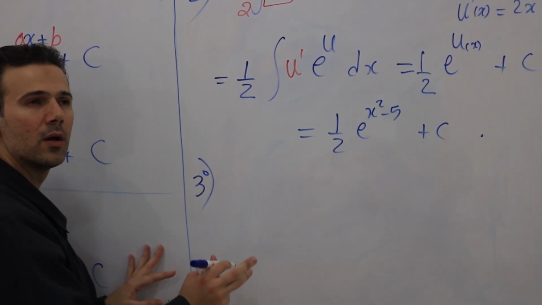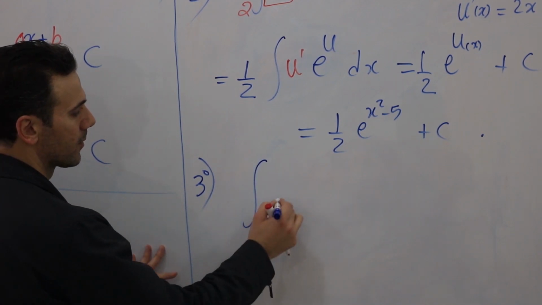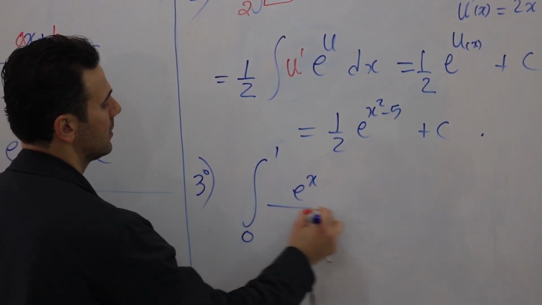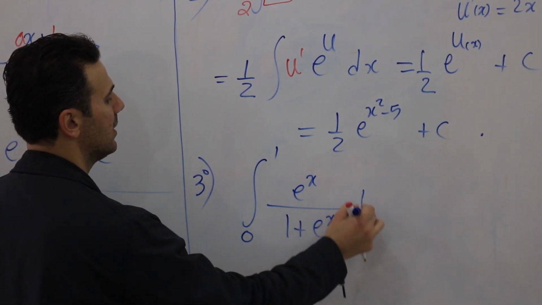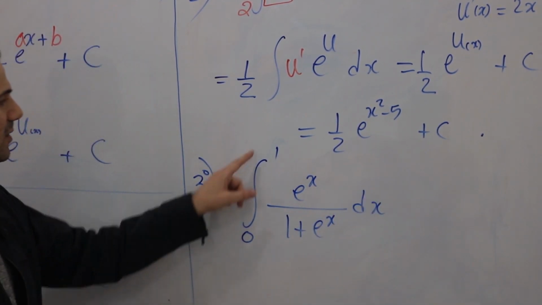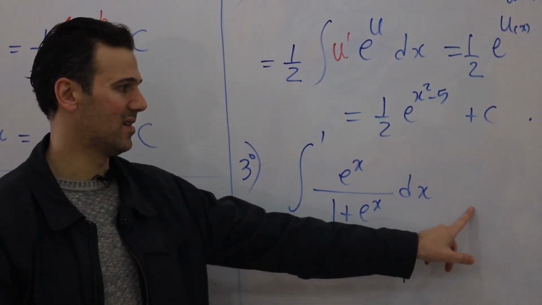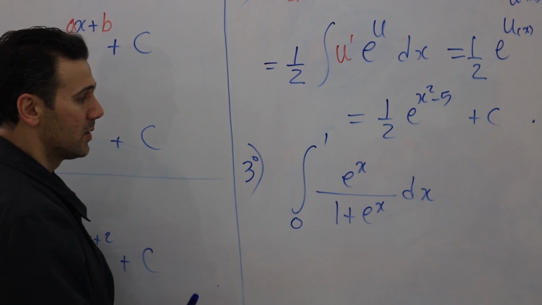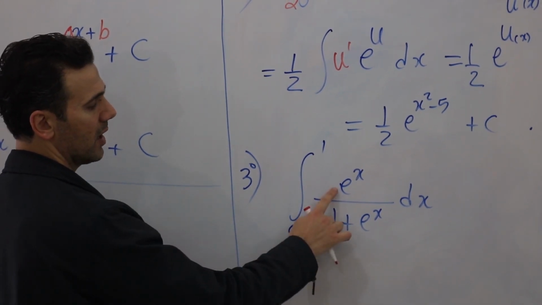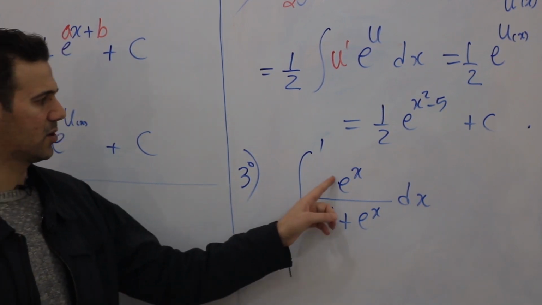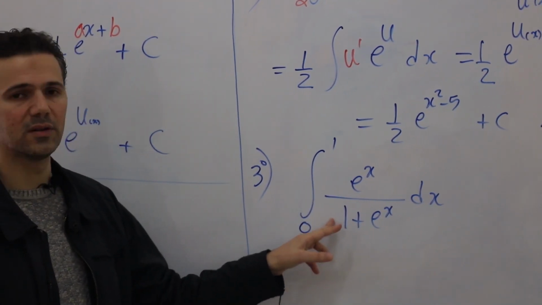Let's do a definite integral from 0 to 1 of e^x over 1 plus e^x dx. When we have finite values, the result will be a constant number, not a function. If you look at this expression, e^x over 1 plus e^x, sure, we cannot integrate the numerator and denominator alone.